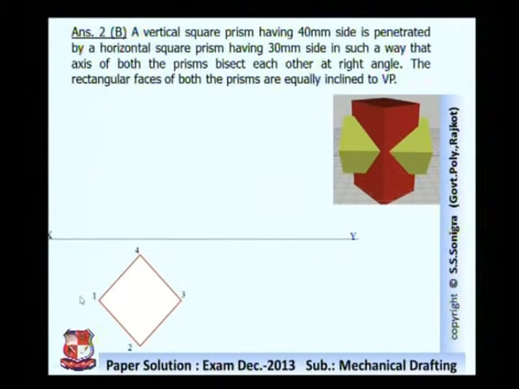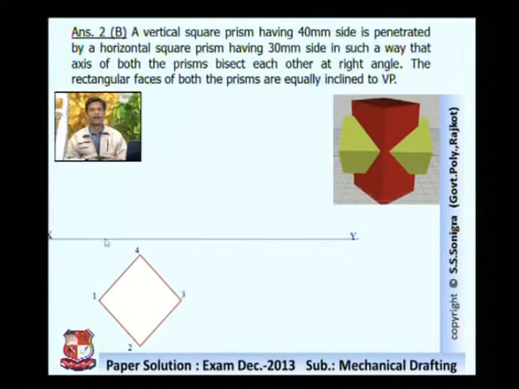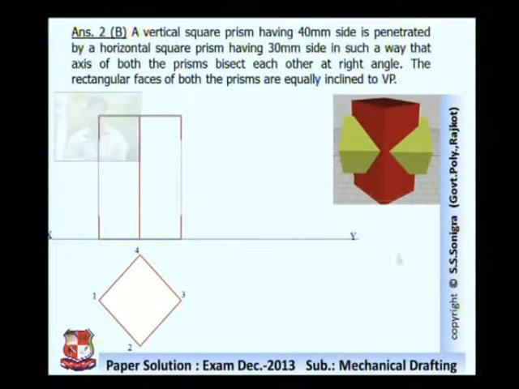Then name the endpoints 1, 2, 3 and 4. Then draw its front view. Height is not given, but we can assume any height, say 100 millimeter or 60 or 80, whichever is convenient to us. By taking projection from 1, 2, 3 and 4, we can draw this rectangle.